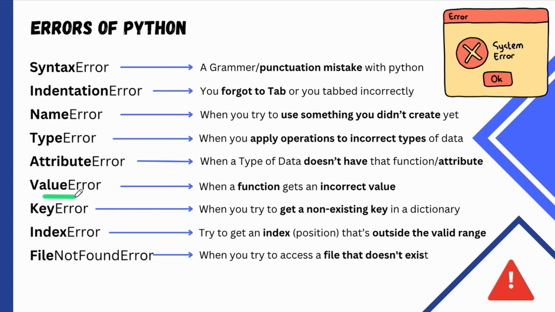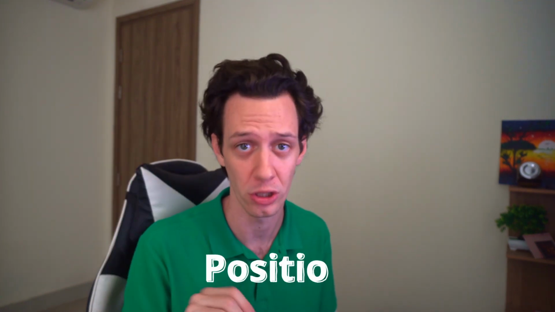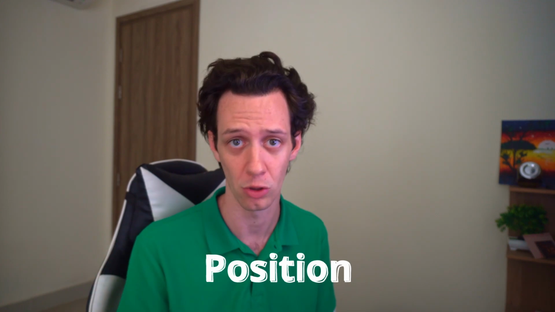Okay, 4 more. We have a value error, and this is when a function gets an incorrect value. A key error is when you try to get a non-existing key from a dictionary. There is no key of that value in your dictionary. It's a key error. Then we have our index error. Now, we get index errors a lot, okay? And you should know at this point, index is the position of an element inside of an iterable.